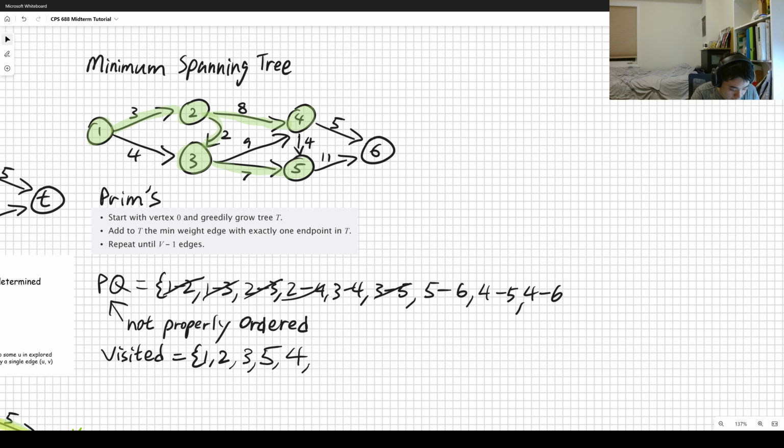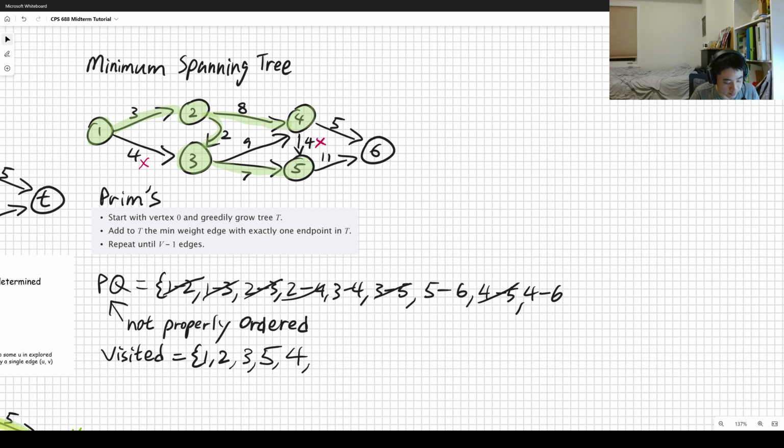Okay, so we have 4 unvisited edges, and right now the smallest one is going to be from 4 to 5. But again, because 4 to 5 would make a cycle, we're not going to add this. Just like how 1 to 3 would not be added as well.